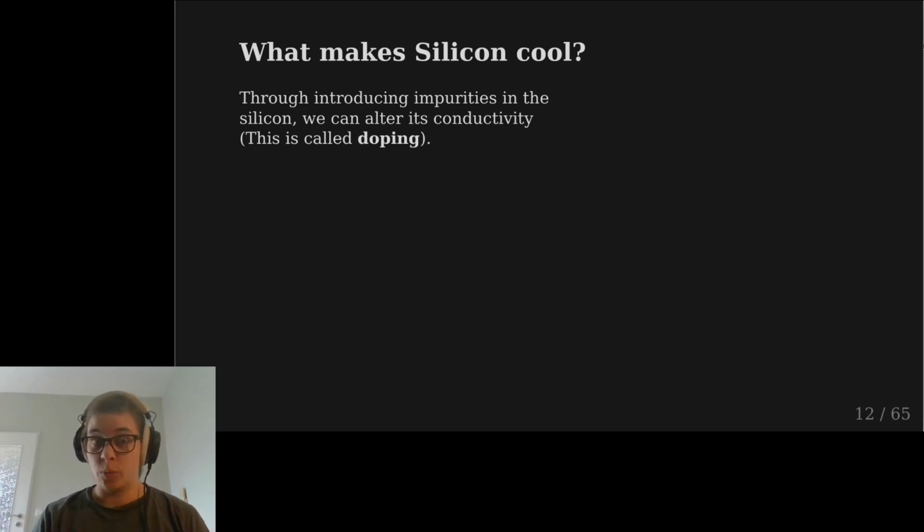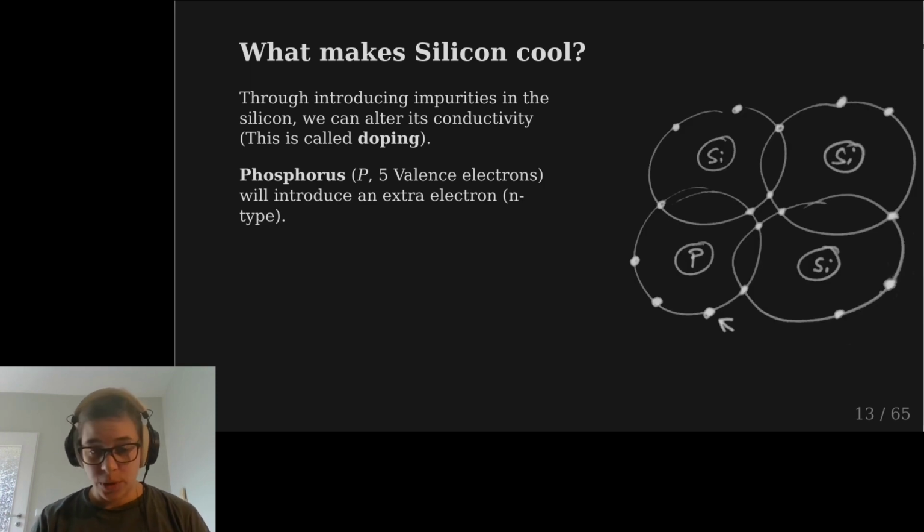It's actually called doping. We can dope our silicon, for example, with phosphorus. Phosphorus is an element that has 5 electrons in its valence shell, so we have a single extra electron that we could use. This type of doping is called n-type doping, because we basically have one negatively charged electron at our disposal.